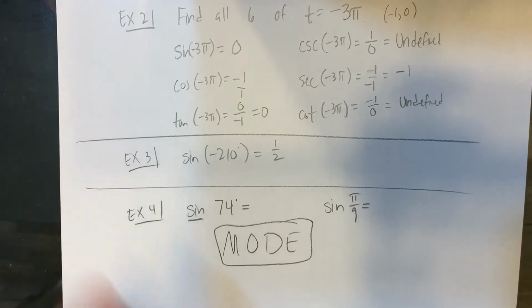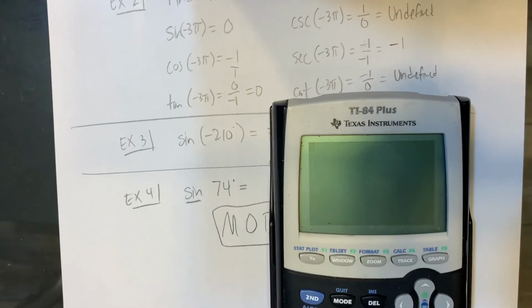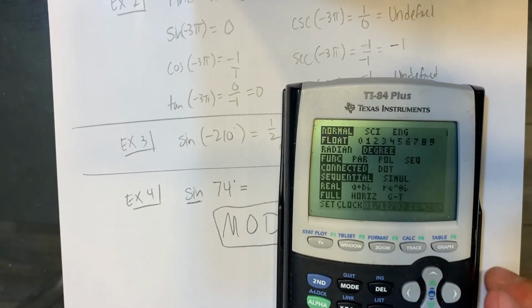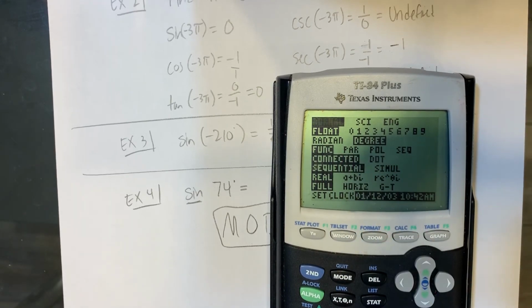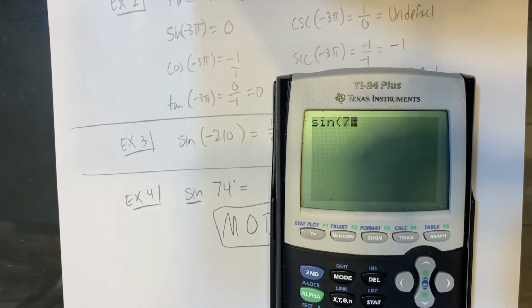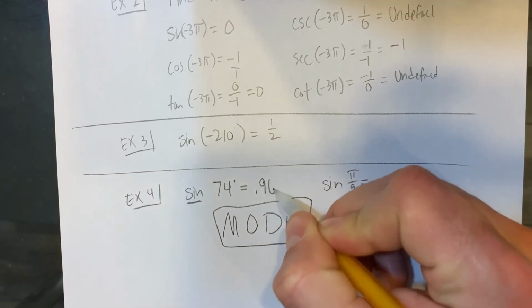Let me grab my calculator. Okay, so what I have here is sine of 74. Let's go to mode, which is here, and check. My mode is in degree, so I can second quit, and I can go sine 74, which is going to be 0.96. So rounded to 2 decimal places is 0.96.